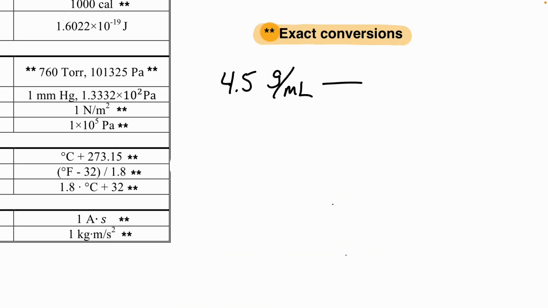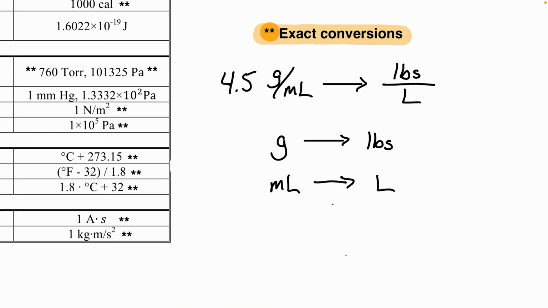What if I'm trying to convert that into pounds per liter? Okay. The name of the game is the same as before. Now you just got to worry about two different sets of unit conversions. First, converting from grams to pounds, and then converting from the milliliters to liters. Both of those are what you're going to have to do in your unit conversion.